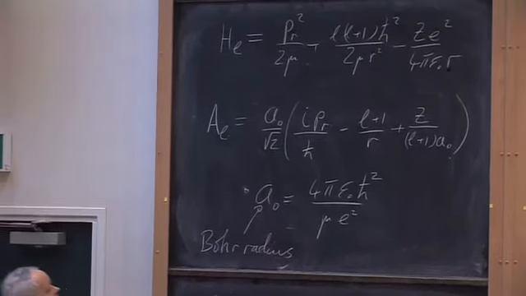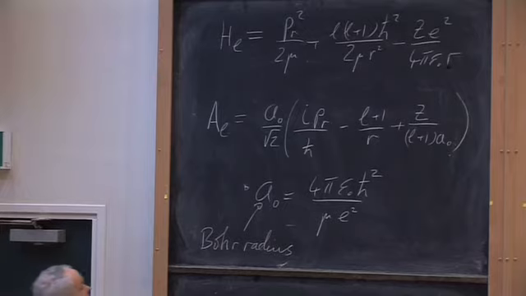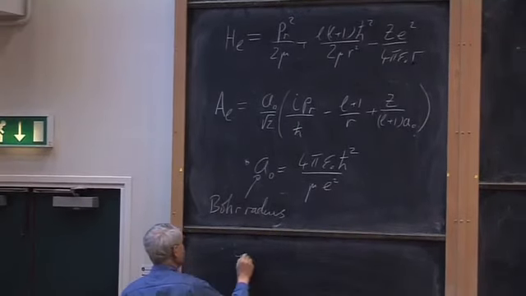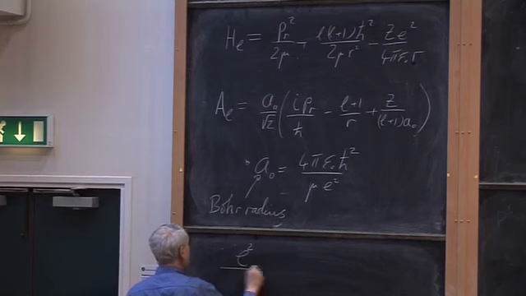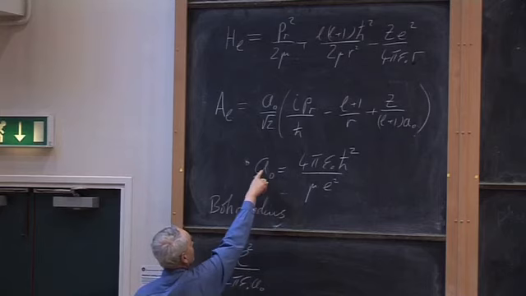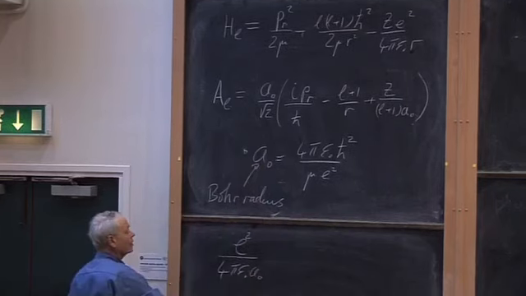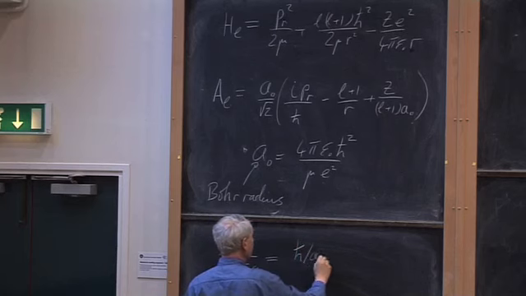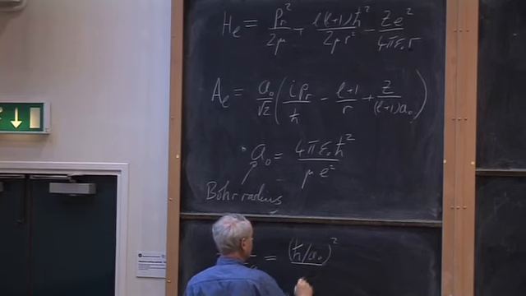And the way to see what its dimensions are is to bring this up onto this side and say, look, this is going to be e squared over 4 pi epsilon naught a0. Now on this side, a0's on the top, not the bottom, so therefore I have to say this is equal to h bar over a0 squared over mu.